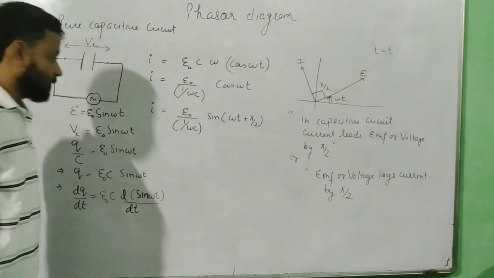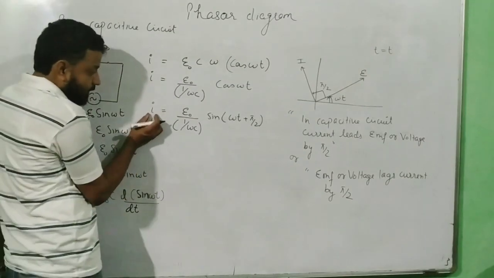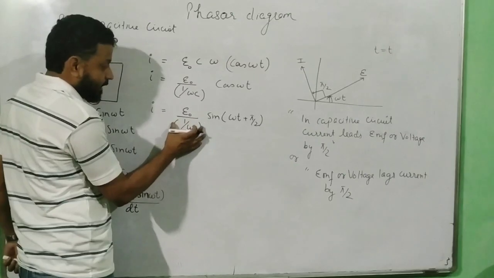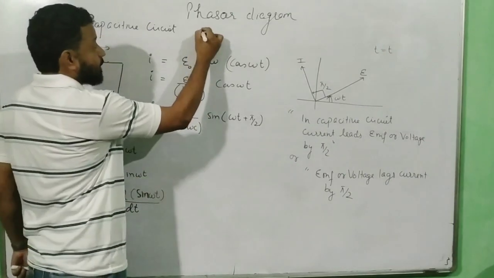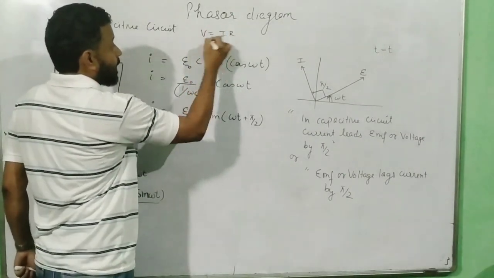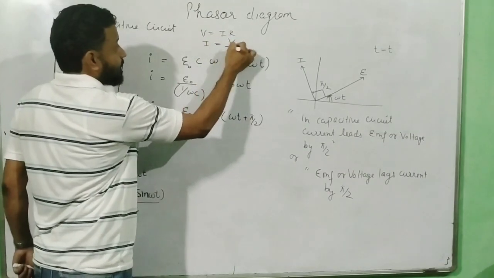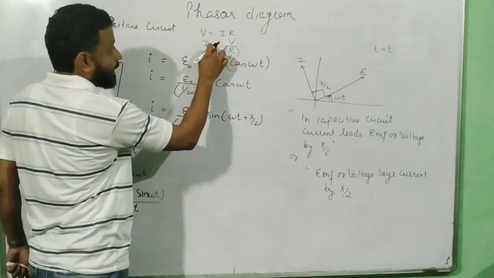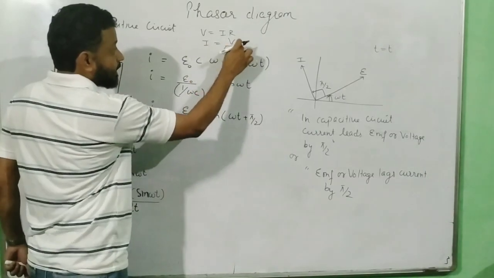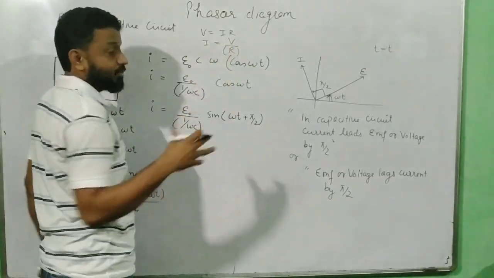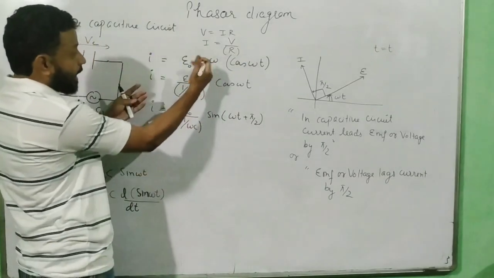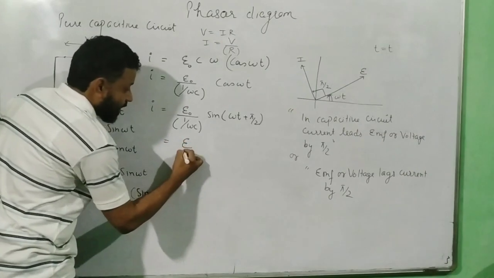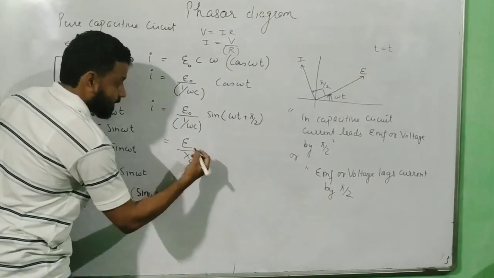Coming back to this, remember what this term is? This term is I equals E naught, and then I am writing this. Remember Ohm's law, V is equal to IR. So I is equal to V divided by R. When you are writing current as voltage by something, anything in the denominator of the voltage refers to resistance. That is the reason why I wrote in this manner. That means 1 by omega C I can write as XC.